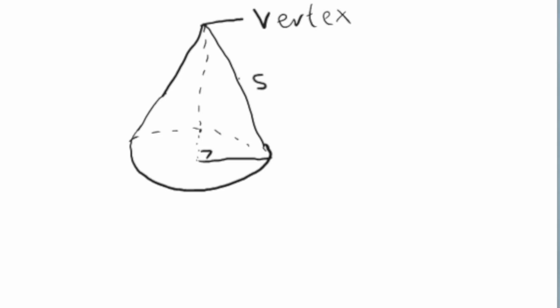Let's call the slant height S, and this is the radius R. We know that the base is a circle, and we're trying to get the area of the cone.